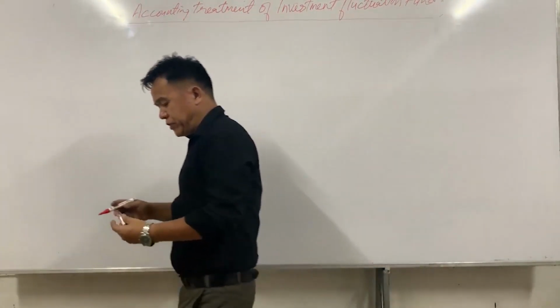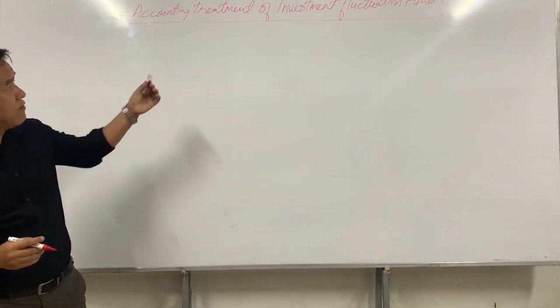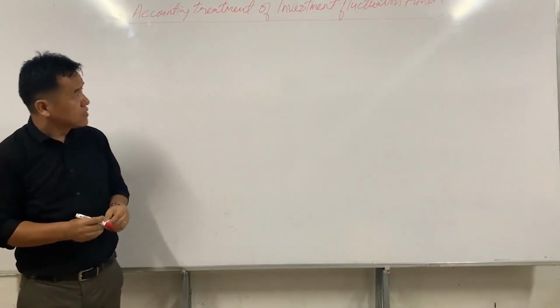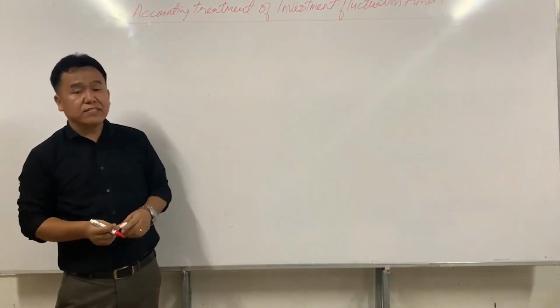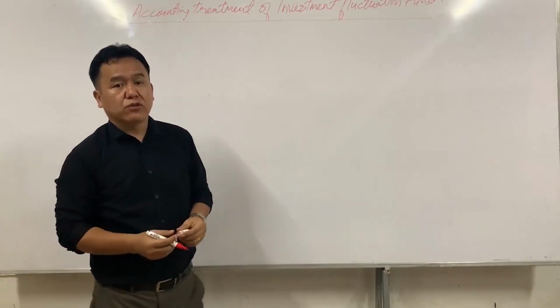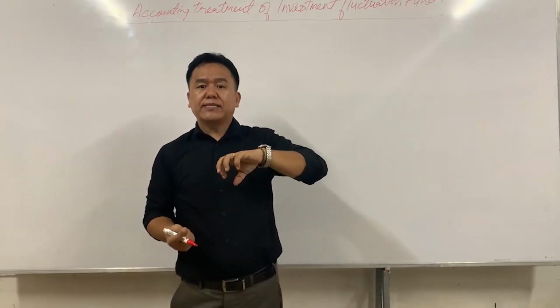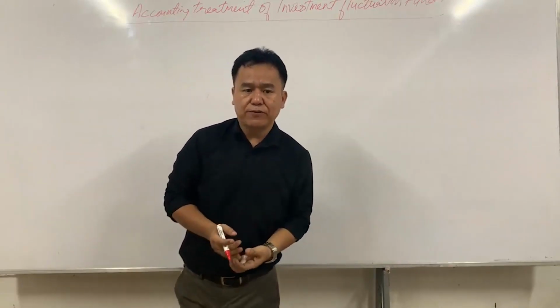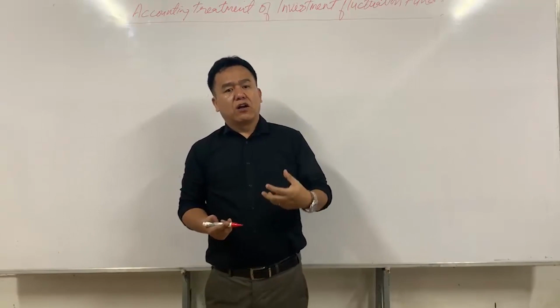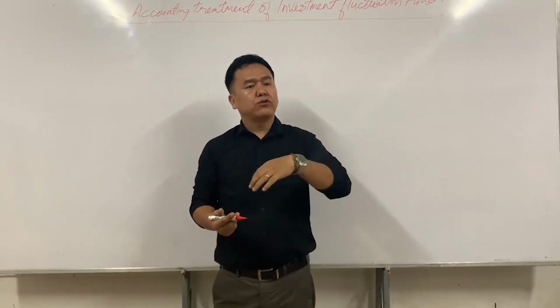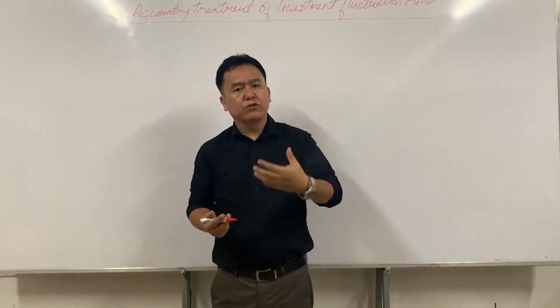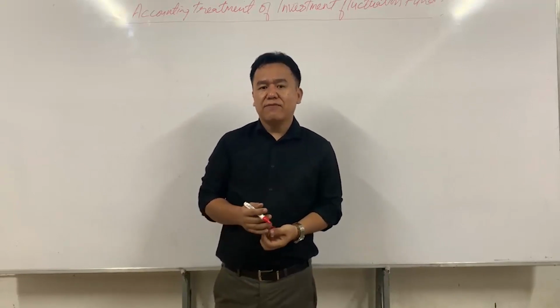So before we do the accounting treatment of investment fluctuation fund, first let us know what is investment fluctuation fund. Investment fluctuation fund is a reserve which is set aside out of the firm's profit to meet loss due to fall in the market value of investment.